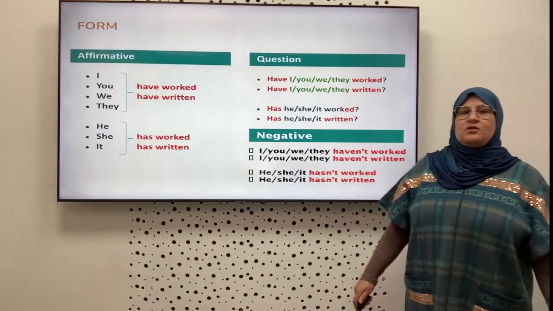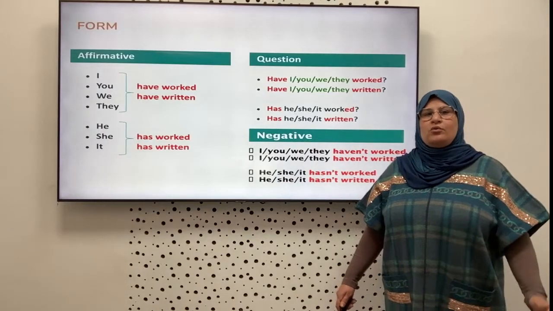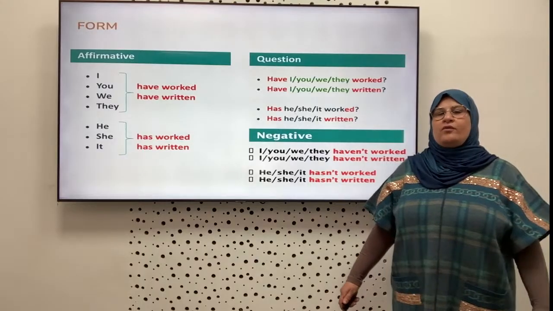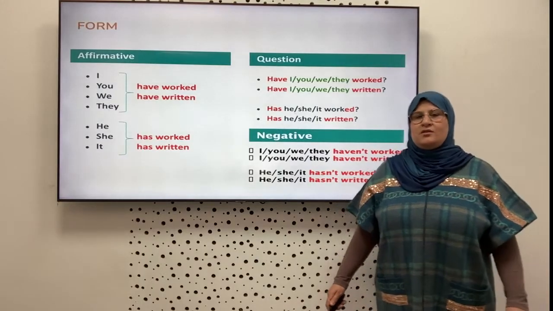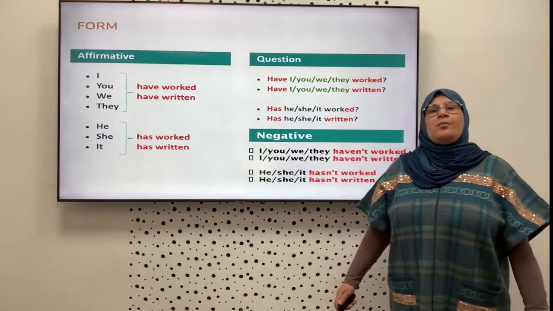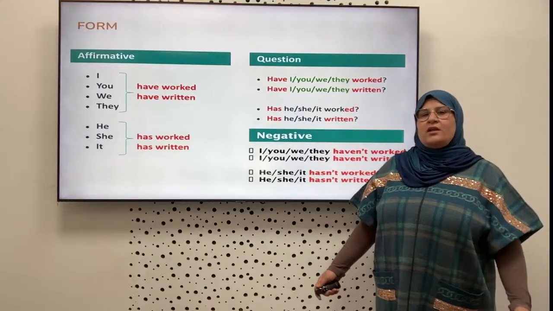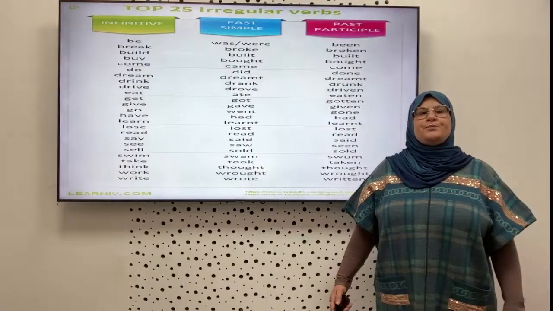As you can see, the present perfect simple has got a very simple form. Always remember that the positive or affirmative form is subject plus have or has plus verb in past participle. Interrogative form is have or has plus subject pronoun plus the past participle of the verb, and for the negative form you can use just short answers.